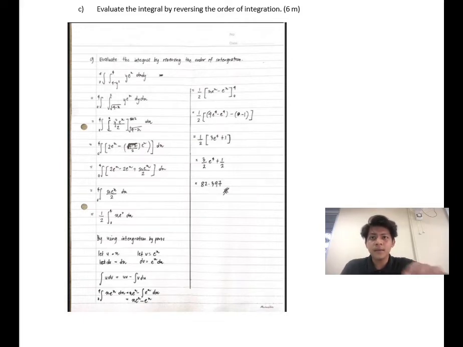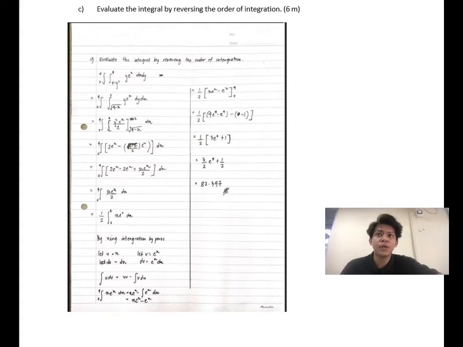Then we just substitute into the equation. So we got 3 over 2 e to the power of 4 plus 1 over 2. The answer in decimal is 82.397. So the answer is the same as the previous question, because this is the reversing order, but the value is still the same.